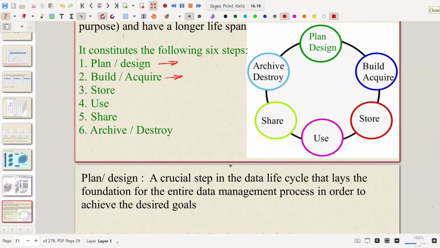After you collect, suppose you are doing a survey. I remember during my university time, my PhD, a lot of food scientists were there.